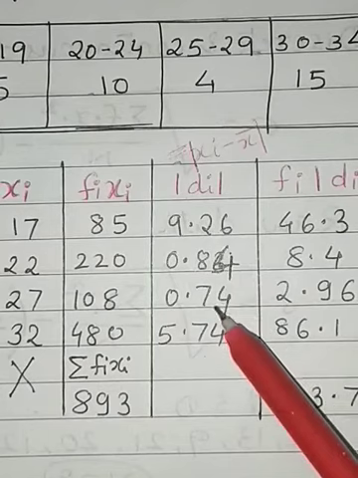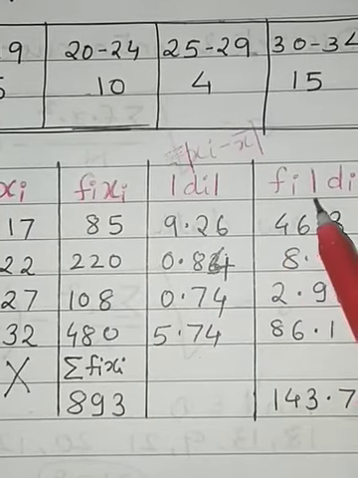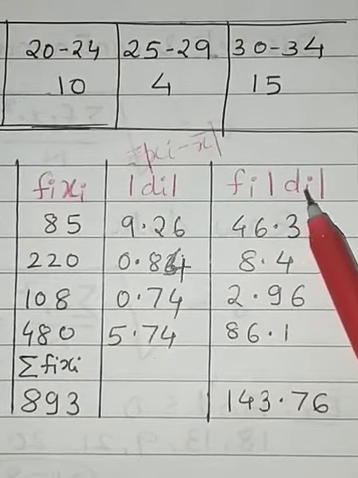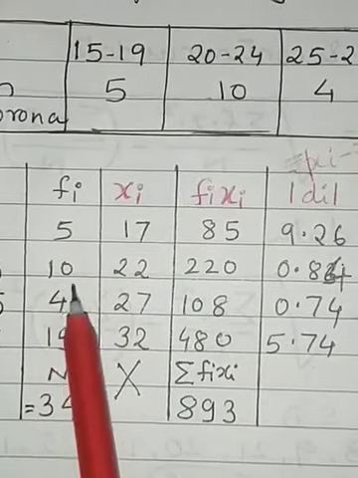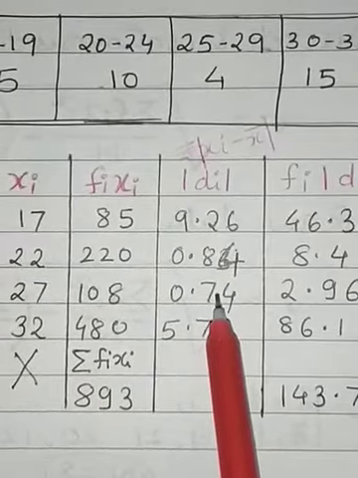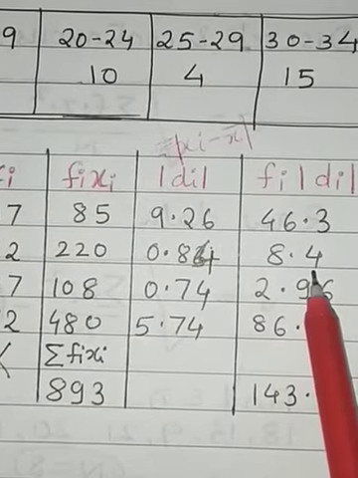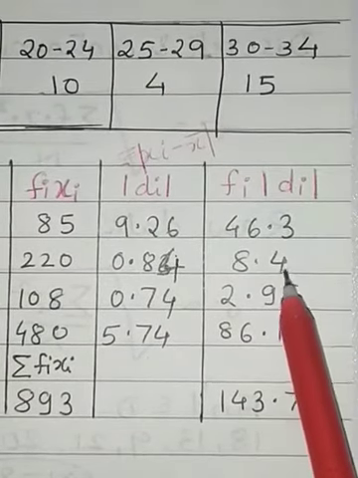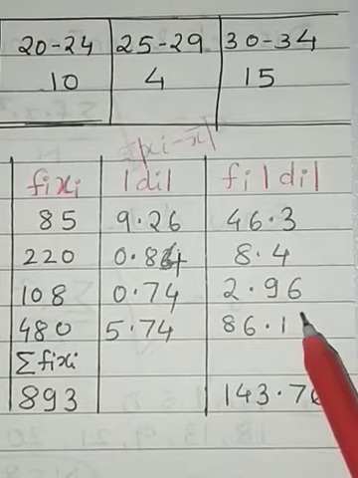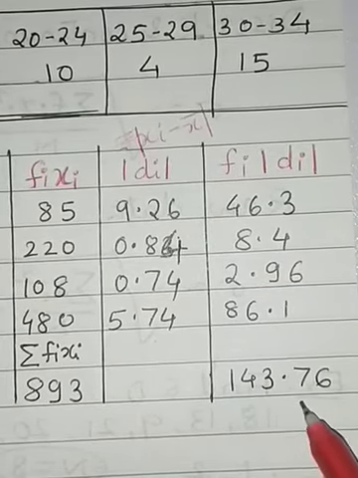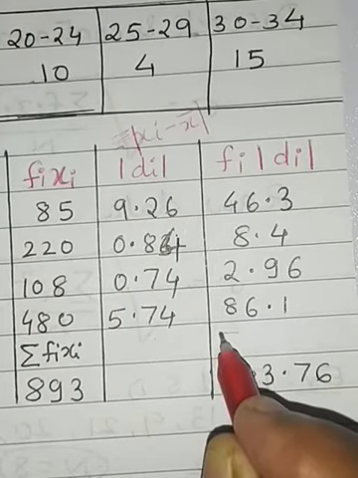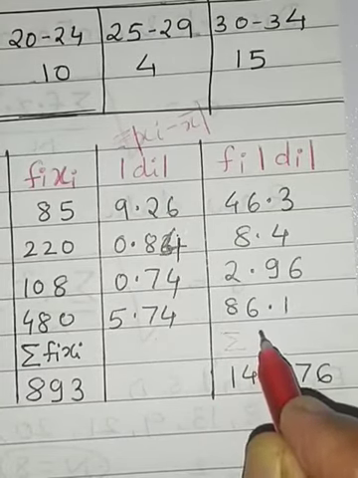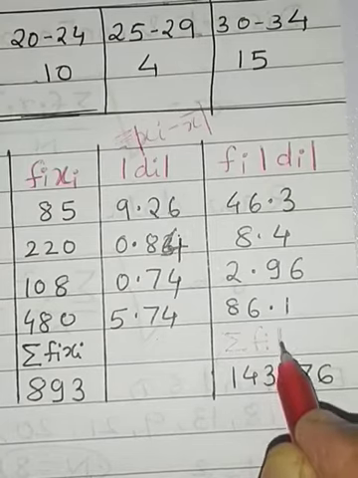So after making this column, the next column will be Fi mod di. So Fi was here in the beginning, mod di is here. So multiply both the columns. You all have calculators, so multiply and take the sum here. This sum is summation Fi mod di.